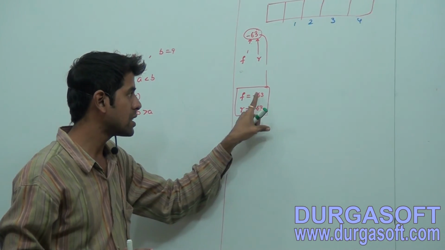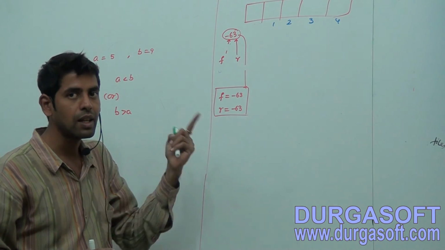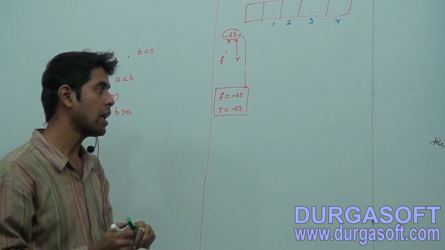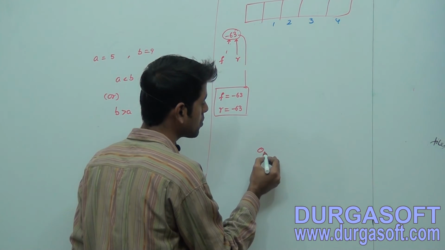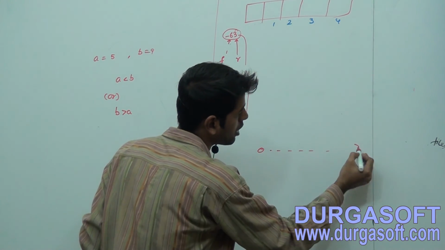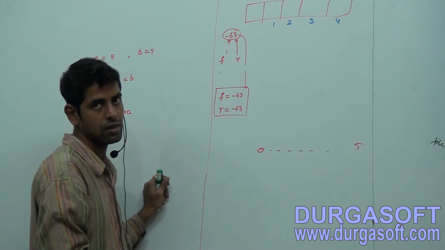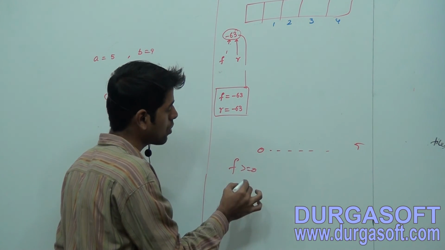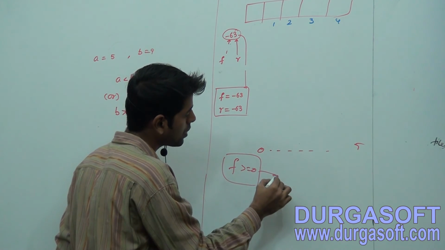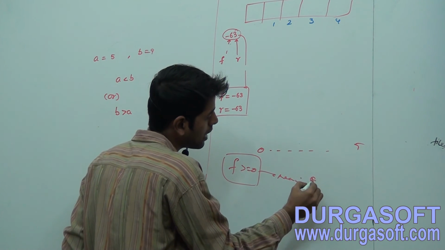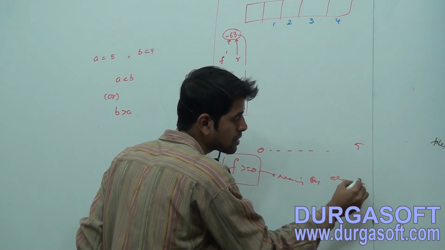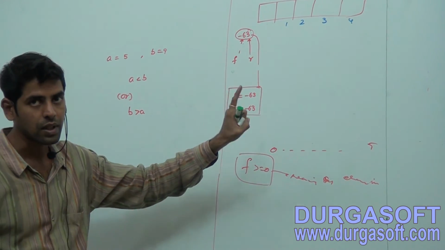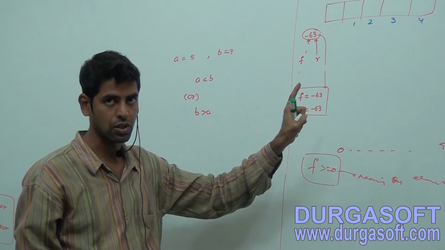If f is minus 63, I am sure array indexes always start with 0 and end at a particular index. So if f value is greater than or equal to 0, it means elements exist in the Q data structure.